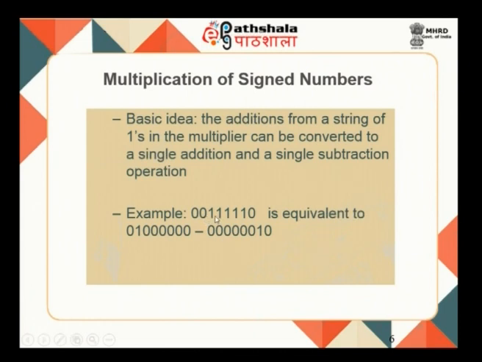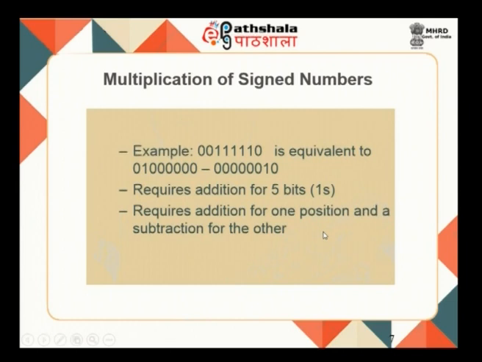So, this string of ones can be replaced by one addition operation and one subtraction operation. Wherever you have a change from 0 to 1, that is converted into a subtraction operation, and whenever you have a change from 1 to 0, that can be converted into an addition operation. That is the concept of Booth's algorithm. When you have a sequence of ones coming in, you can replace that by one addition and one subtraction. That is the basic idea.